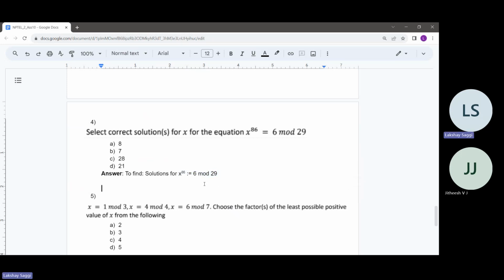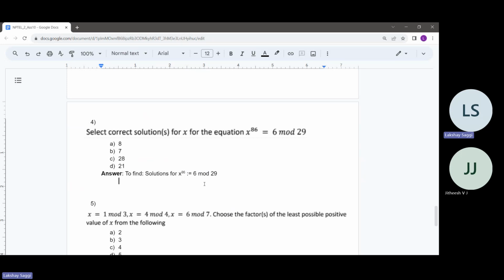Right. So first of all, you can see that 29 is a prime. If x satisfies that x raised to the power 86 is 6 mod 29, then we can be sure that x will be co-prime to 29. Maybe I'll give you the high level idea first.